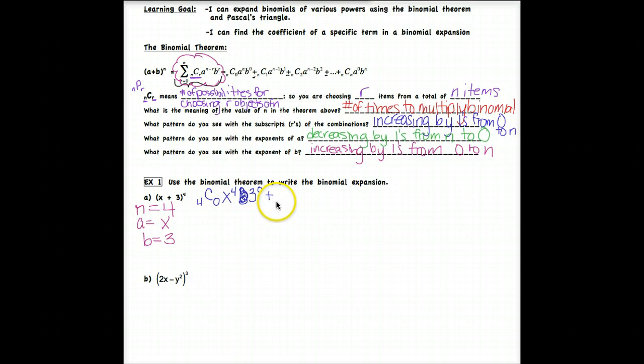So next, on my combination, instead of 4 choose 0, I have 4 choose 1. Now this exponent is going to go down, so instead of x to the 4th, we've got x cubed. My exponent on my 3 is going to go up as well. Next, 4 choose 2.